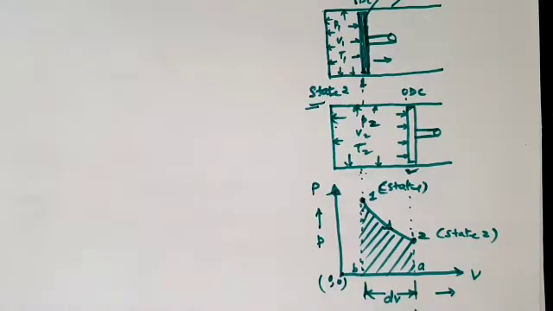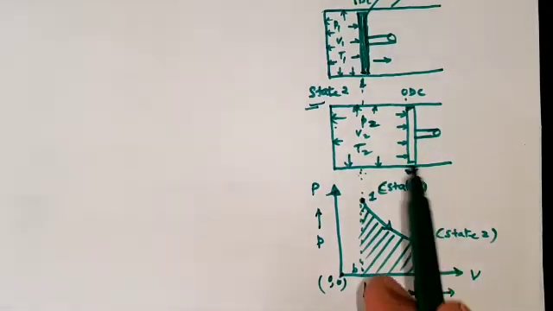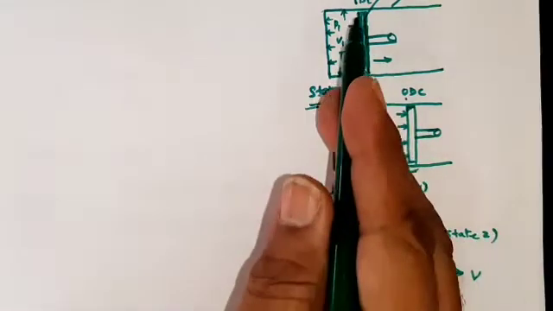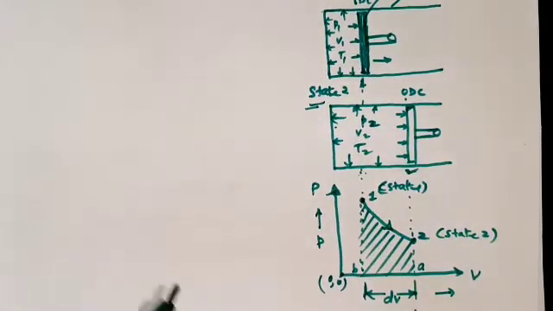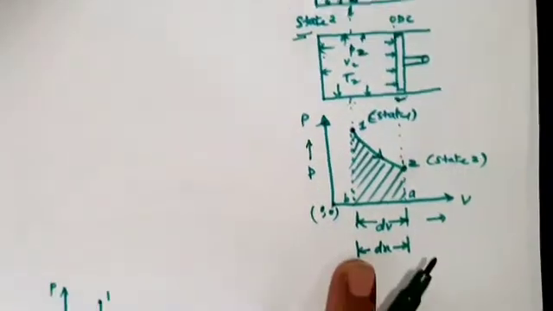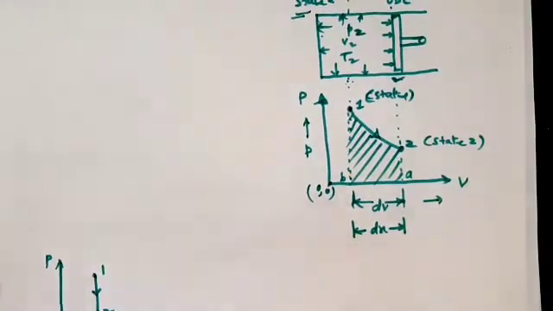Okay, so when the piston is moving IDC to ODC, expansion is taking place from state first to state second, then this distance or displacement of piston will be, suppose, dx.